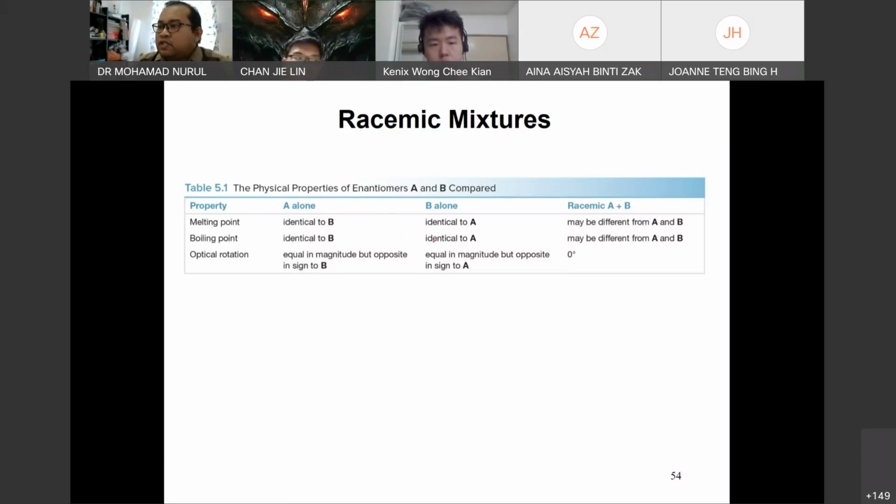For optical rotation, it is equal in magnitude but opposite in sign for B. For the racemic mix, it's 0 degrees, because if this one is plus 5 degrees, this one is minus 5 degrees, it becomes 0. If they have a mixture of A and B, the melting point and boiling point will be different.